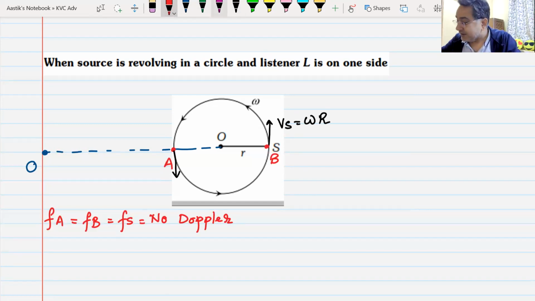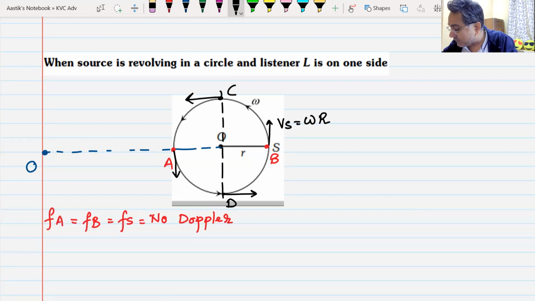Yes, sir. Now at this point C and at this point D, at one point he will hear maximum frequency, at one point he will hear minimum frequency. At which point will he hear maximum frequency?